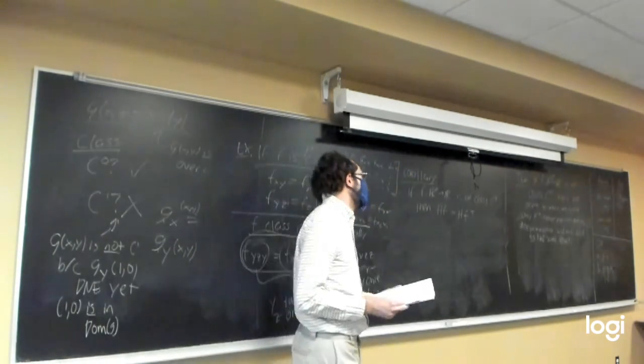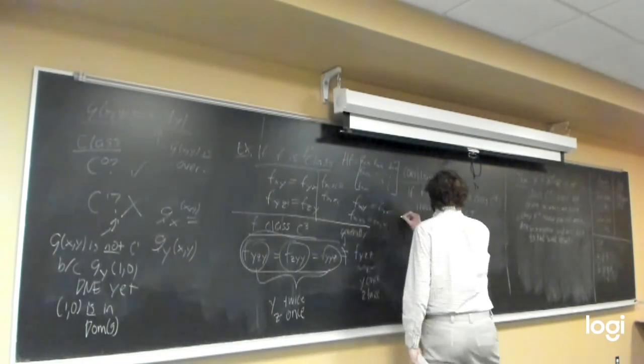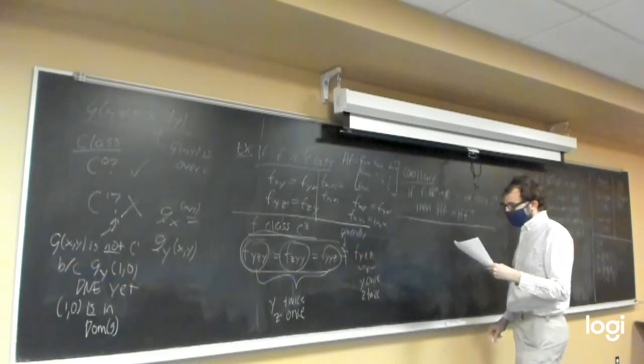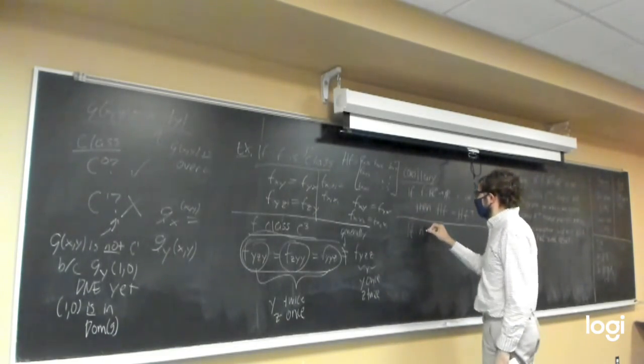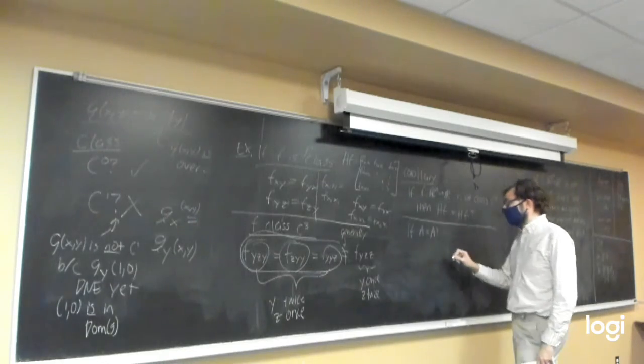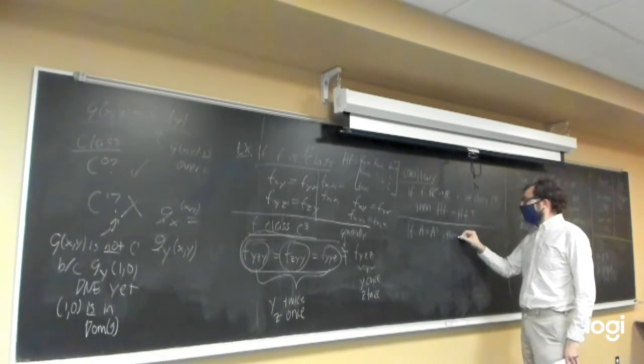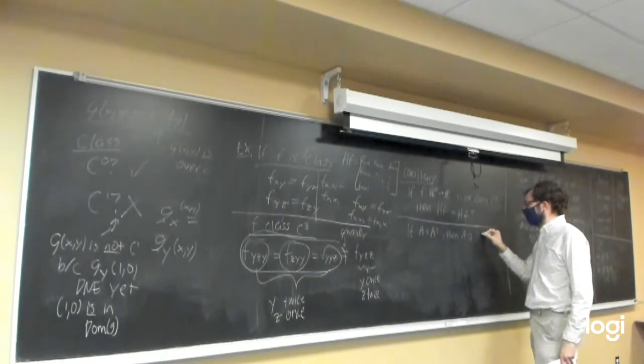By the way, we have a special name for matrices that are equal to their own transposes. We could say if A is equal to A transpose for a matrix A, we call A symmetric.